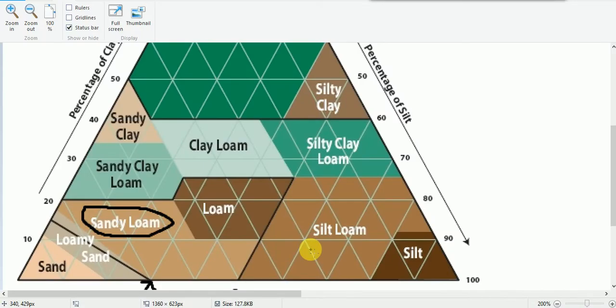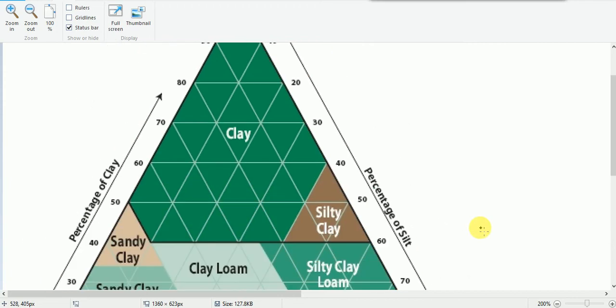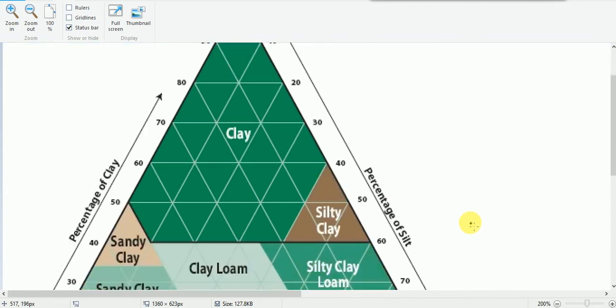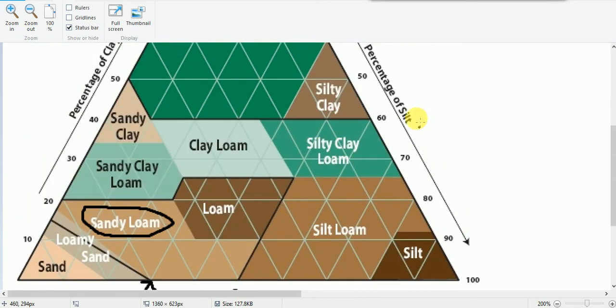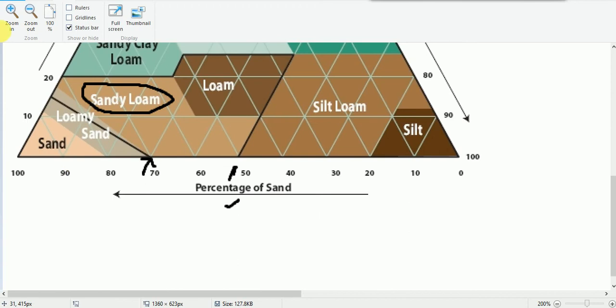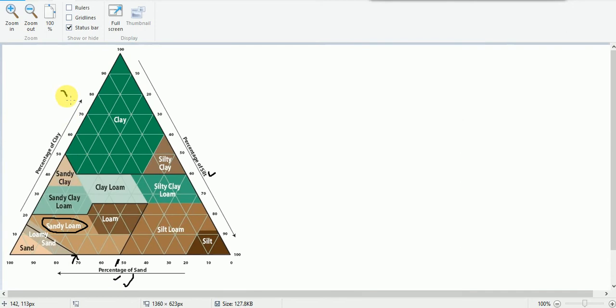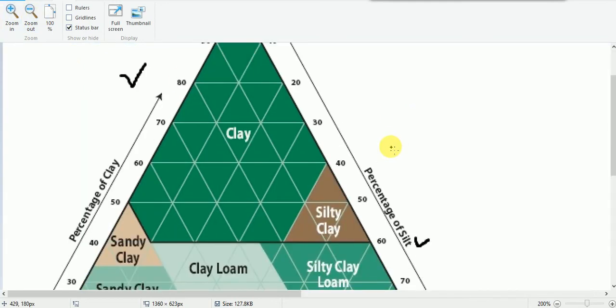And the silt content is somewhat higher. So this is for the sandy loam. Remember, we have three main soil materials: silt, sand and clay. These are the three important components or soil materials, and the percentage of these three components determines the nature of the soil.